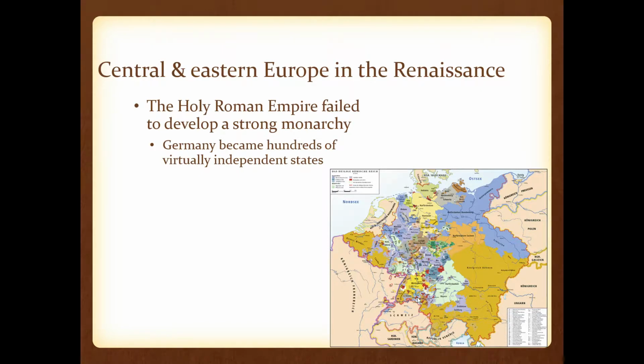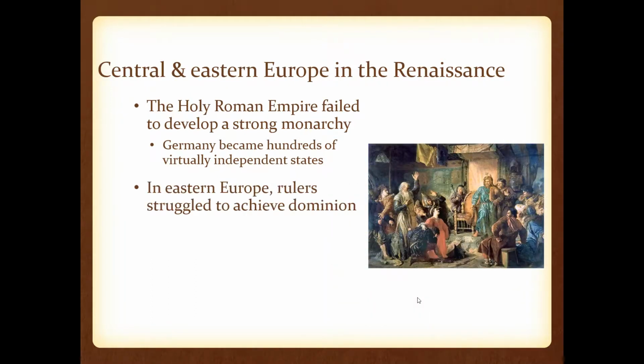And so the Holy Roman Empire is never really able to take advantage of this Renaissance riches because they have to spread it out over so many different people. And so, even in Eastern Europe, it's even worse because rulers struggle to achieve even some sort of dominion. You still had the threat of nomadic tribes coming in.